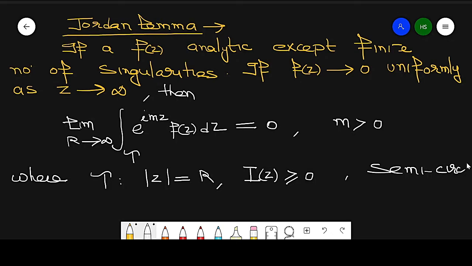So this is the statement of Jordan lemma, with m greater than 0.